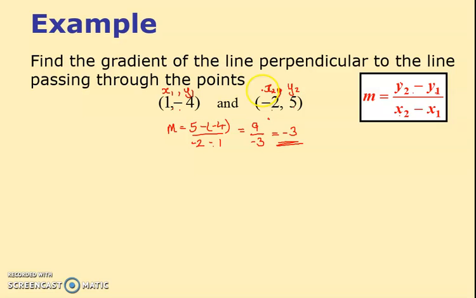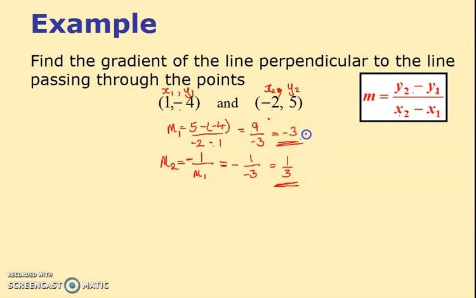Now if that's -3, that's my first gradient. And I want the line perpendicular to it. So my rule says m2 is 1 over m1, but with a minus in front of it. So it's equal to minus 1 over -3, which is a third. And that's the same trick.